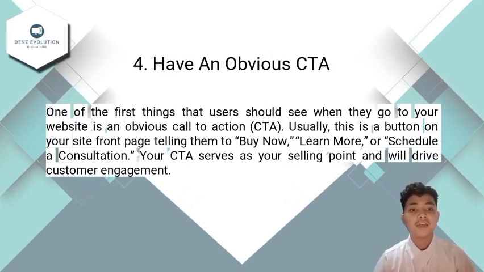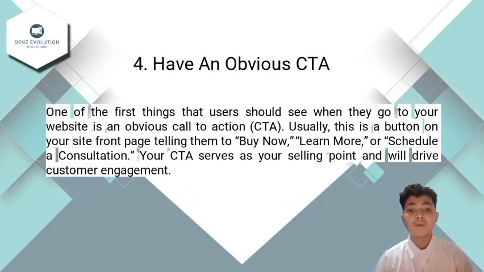Fourth is having an obvious CTA. One of the first things that users should see when they go to your website is an obvious call to action, or CTA. Usually this is a button on your site's front page telling them to buy now, learn more, or schedule a consultation. Your CTA serves as your selling point and will drive customer engagement.